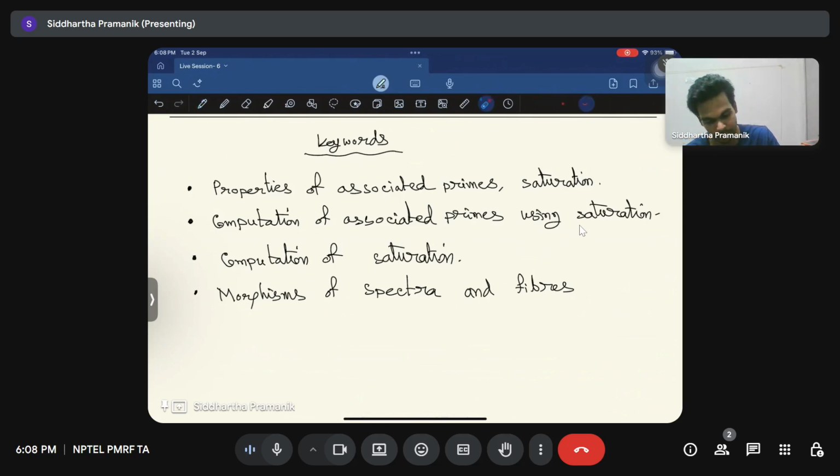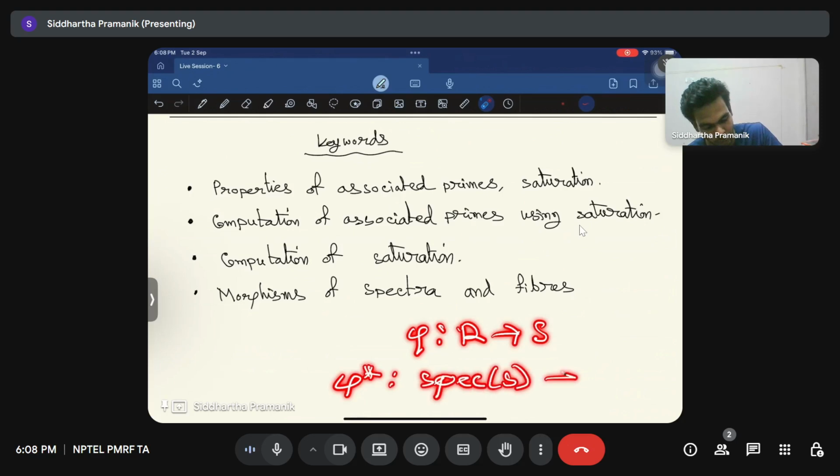So it is like if we have a ring homomorphism phi from R to S, then it will induce a continuous function from Spec S to Spec R. Then if you take a point here, you can talk about the inverse image of this point.